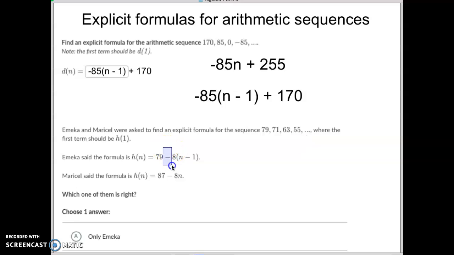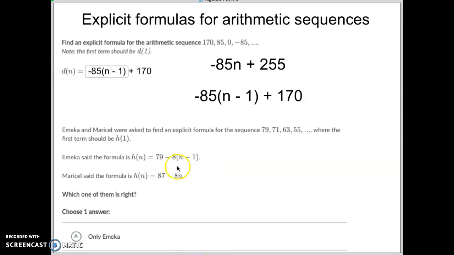So that's where the slope of down 8 came from. And then they have the n minus 1, which backs you up to the 0th term right there. So Amika is correct. This is the correct formula, where you have your slope in front of the parentheses, then you have your n minus 1, and then it should be plus 79, but they chose to put it on this side, which is a legal move, so that's fine.